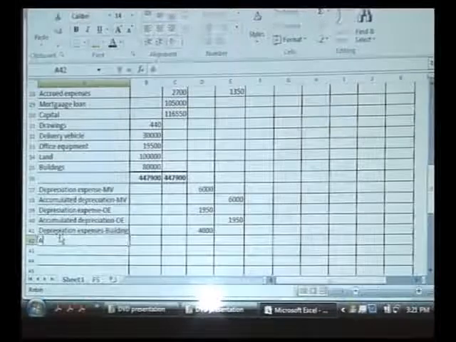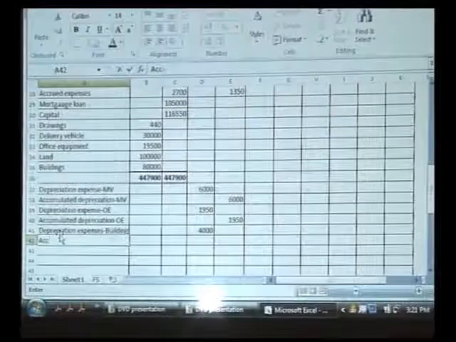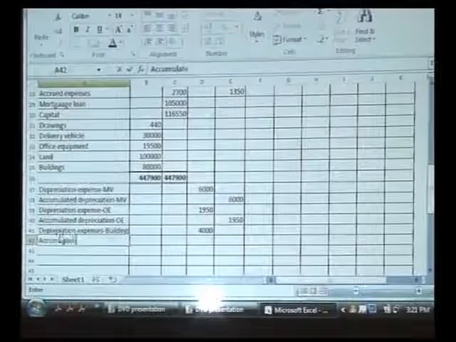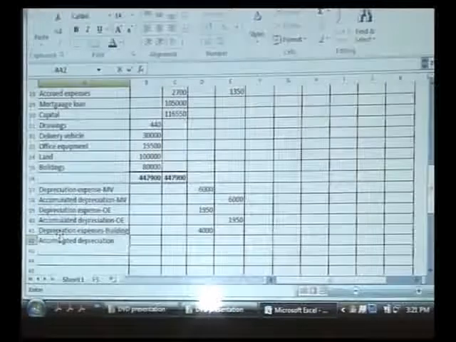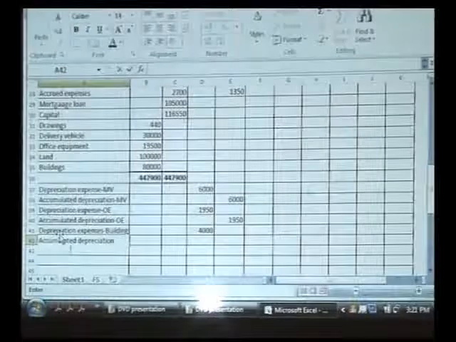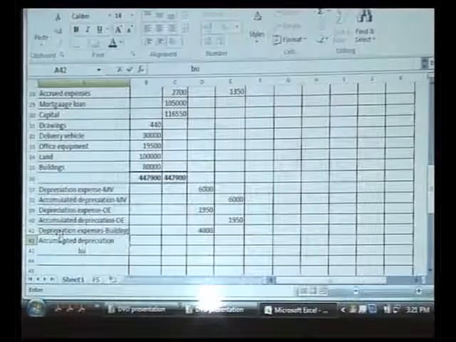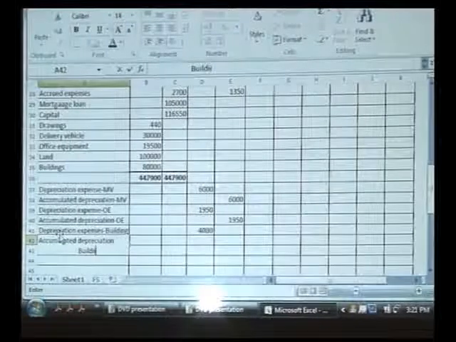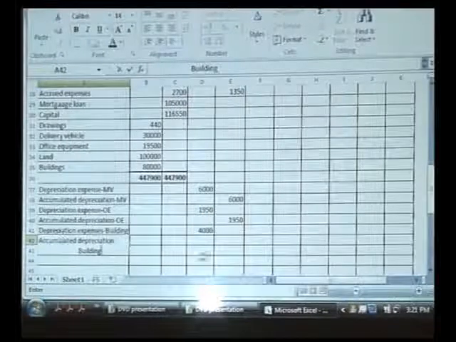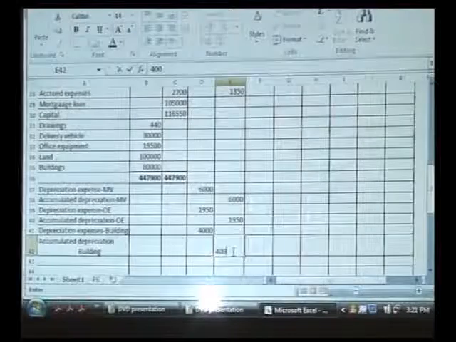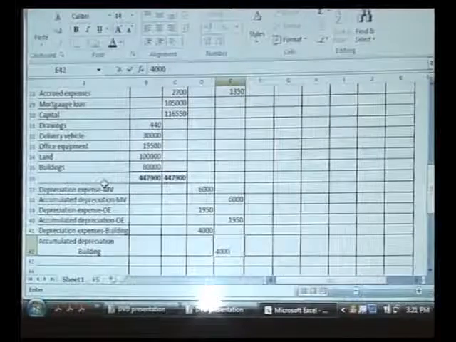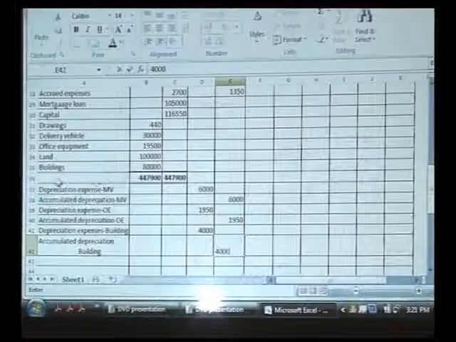Then accumulated depreciation, building, $4,000 credit. That is adjustment number 3.